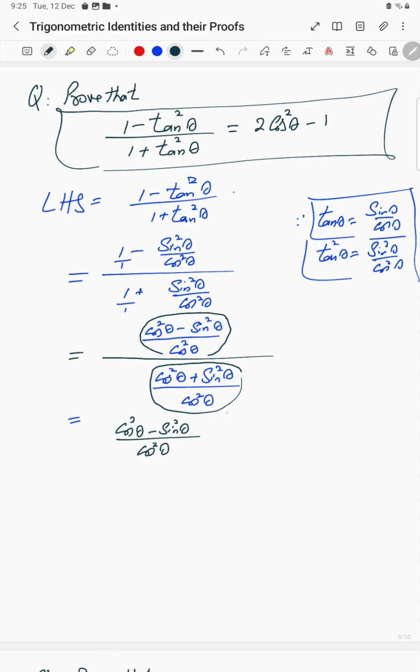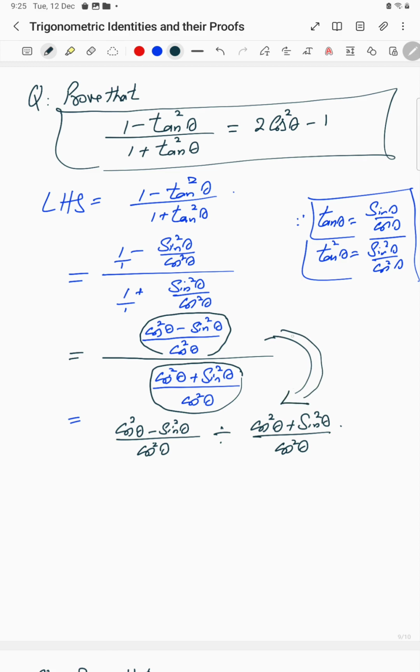It's up to your convenience. If you think you have a direct approach, you can do that. So here it will be divided by cos square theta plus sine square theta over cos square theta, right? We can write the whole expression in this form.